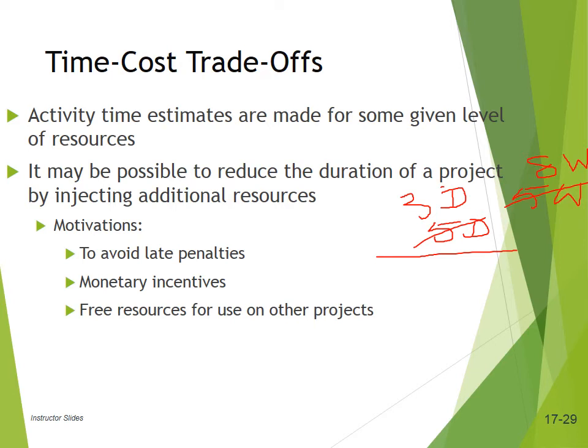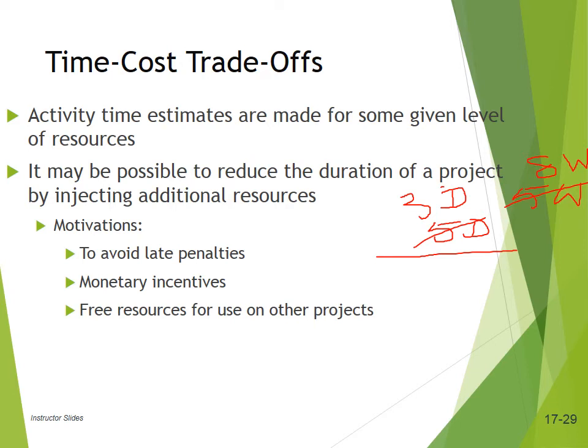If I take all the activities, it would be for the project. Why do we sometimes add additional resources? So that we don't have to pay a penalty for the project being delayed, or if you finish it early, there is a monetary incentive, and the freed resources can be used on other projects.